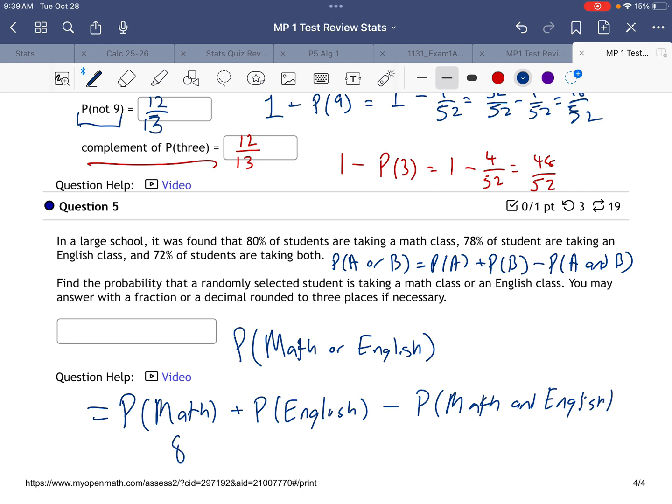So this looks like the 80% for the math class plus the 78% for the English class, and then we're taking away 72%. And you can write your answer as a percent, just like you may answer as a fraction or a decimal. I'm going to delete this part and just talk about the percents on here. So 80% plus 78%, and then we take away the 72%. This is going to be 158. We take away the 72. This is going to be 86%.